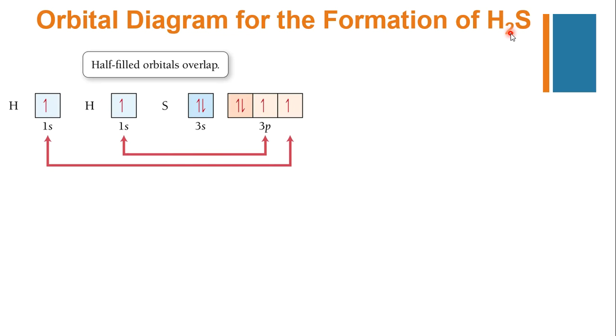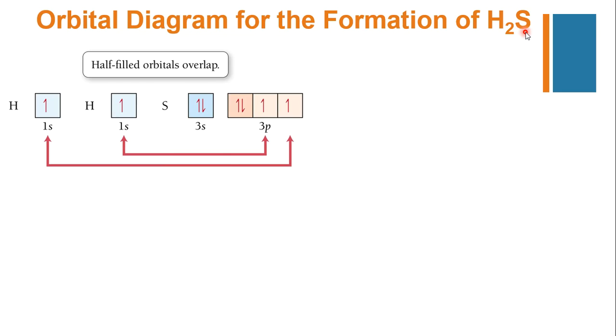How many valence electrons does hydrogen have? Hydrogen has 1 valence electron. So you see that right here. And that 1 valence electron is in the 1s orbital. So that would be a half-filled orbital there. We've got another hydrogen atom. It also has 1 valence electron in that 1s. So here's 2 opportunities for bonding.